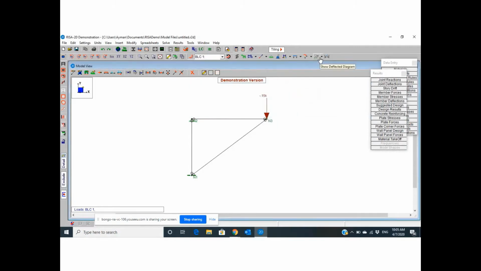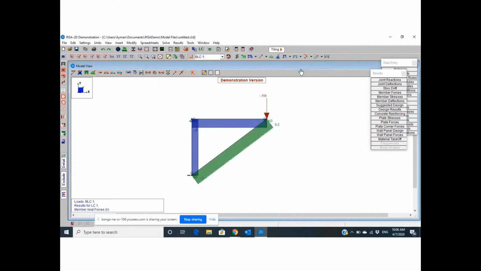We learned this in chapter 3, we can show up the axial force for this truss. We have members in tension, we have members in compression. But this is not our target today. I need to show you something looks like deflection.